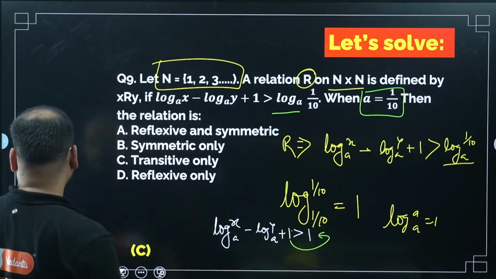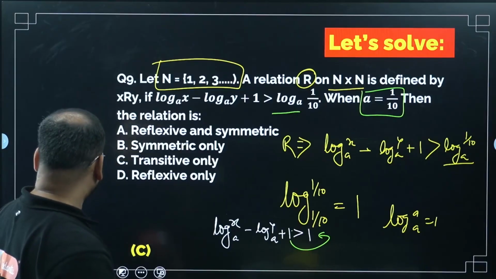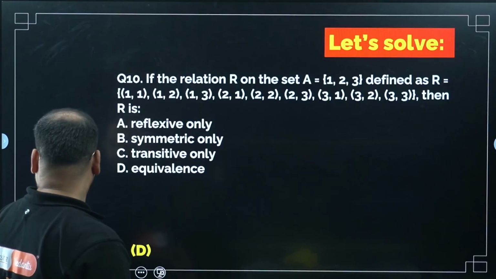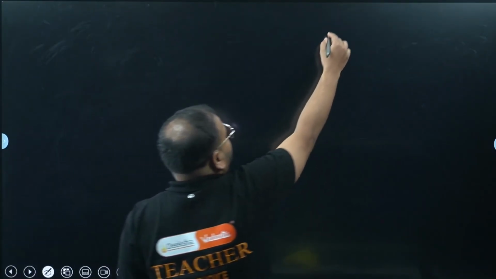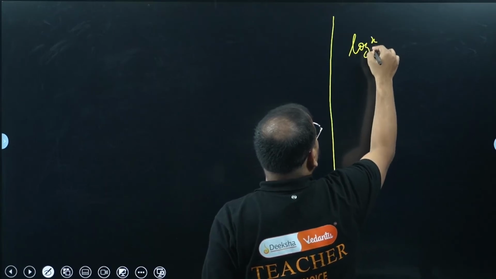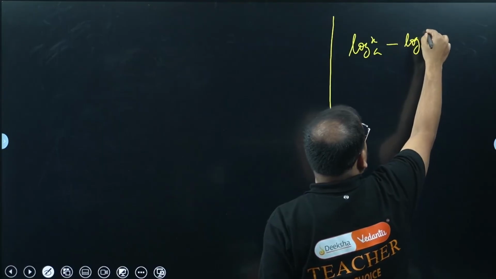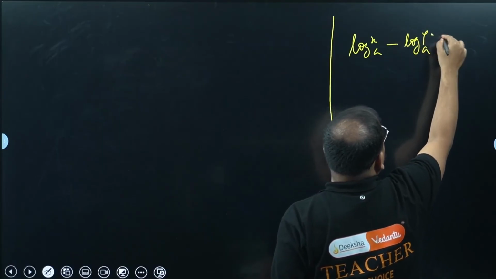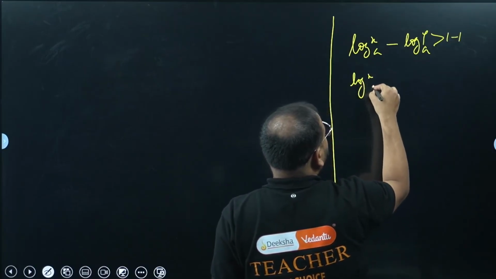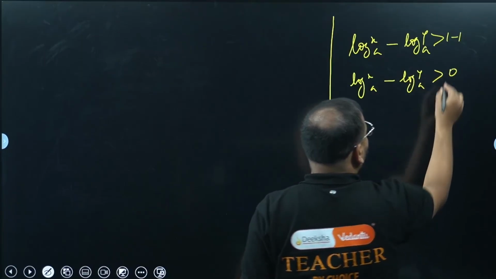Finally I will get log x with base a minus log y with base a is greater than 1 minus 1, which will be log x a minus log y a is greater than 0.